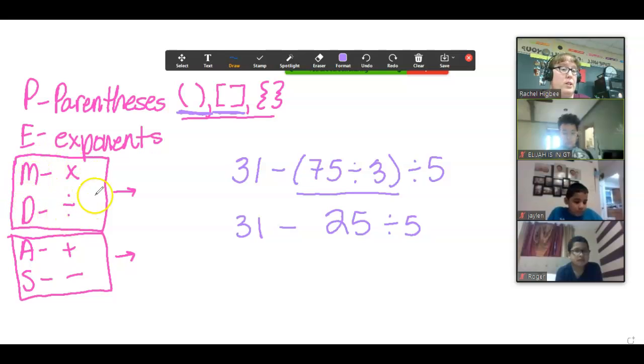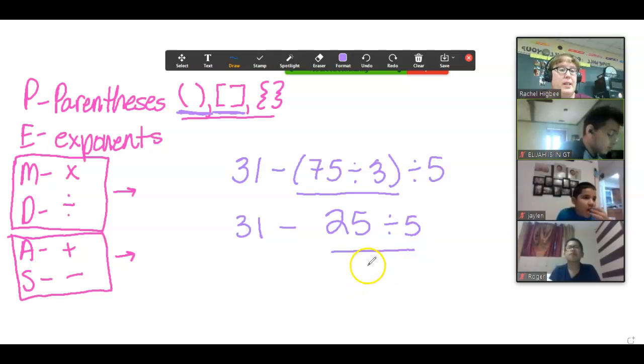Do I have multiplication or division? Or division? Yes, right? You have division, but you don't have multiplication. Exactly. So then that means that I do the division next. So 25 divided by 5 is, good job, Roger, 5.